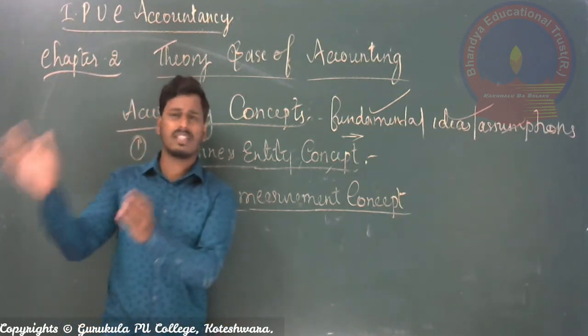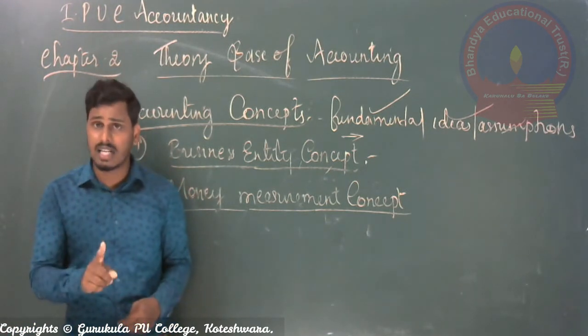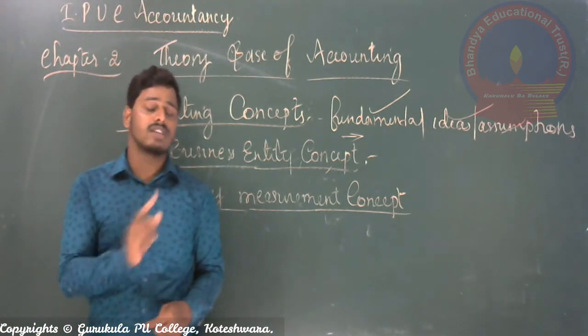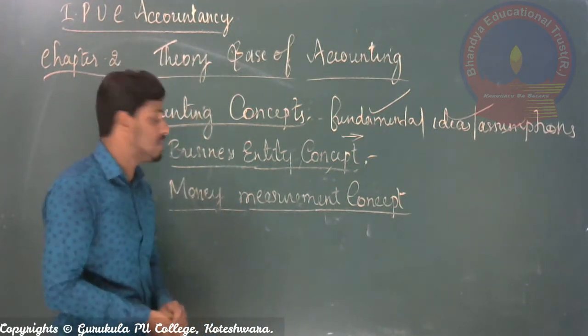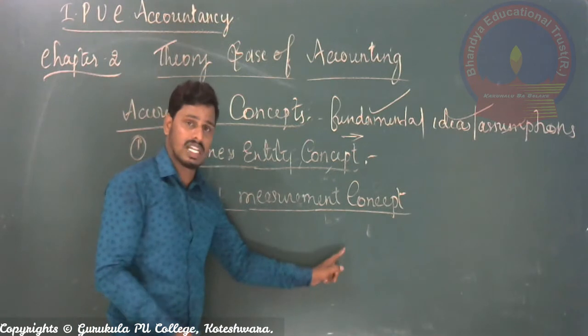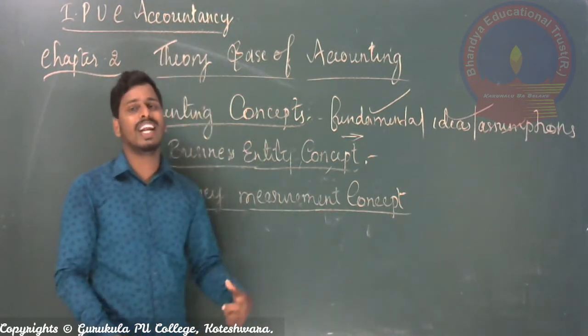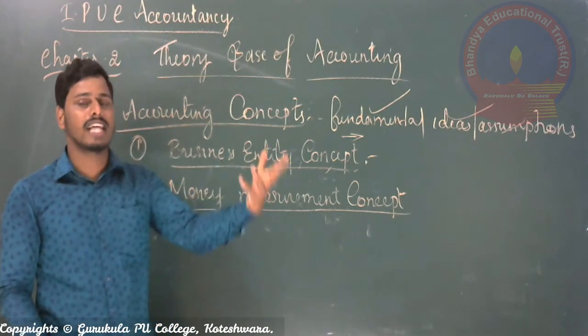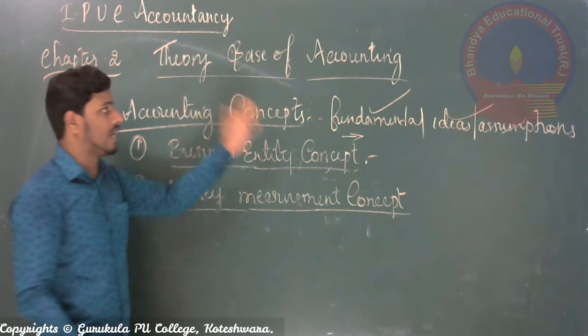They may be maintained somewhere in the business organization, but they are not written as monetary transactions, because in accounting we follow the money measurement concept. According to this, only if the transaction has monetary value is it taken as an accounting transaction. This has to be followed in the accounting work.